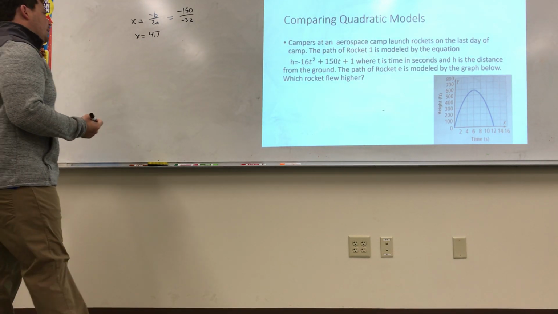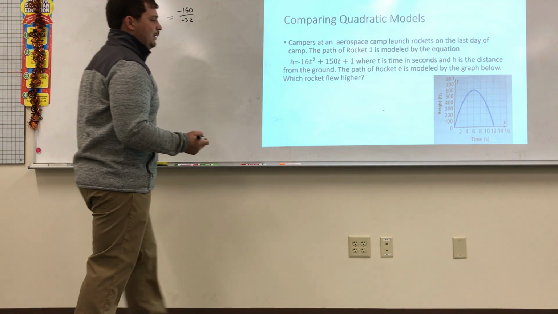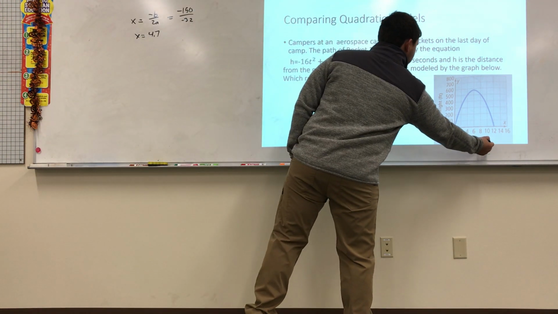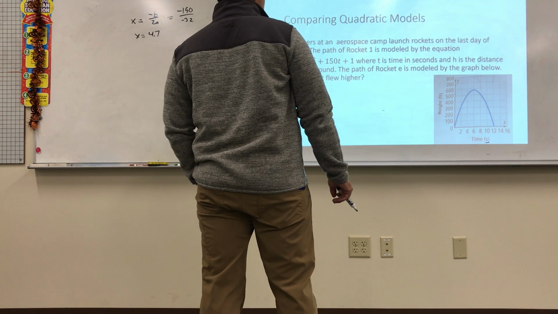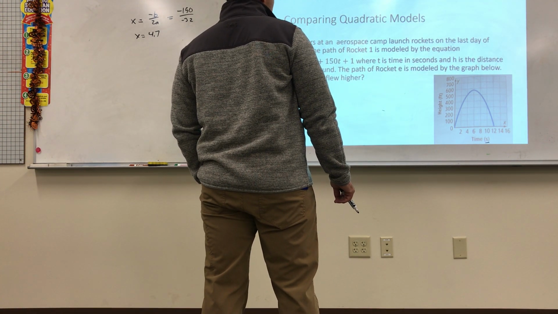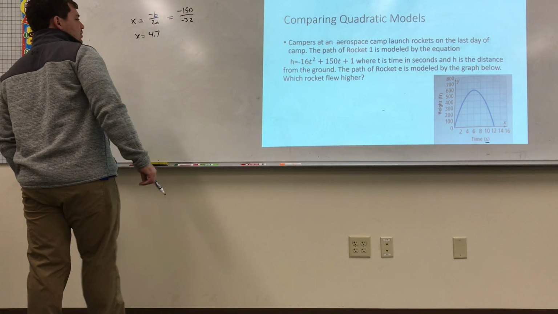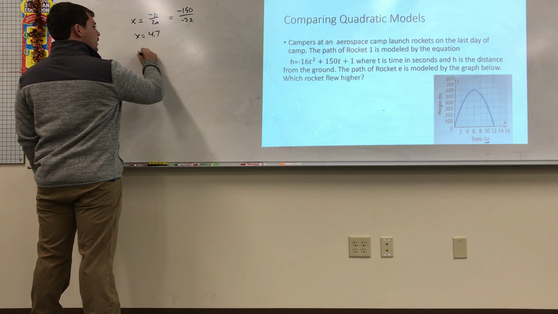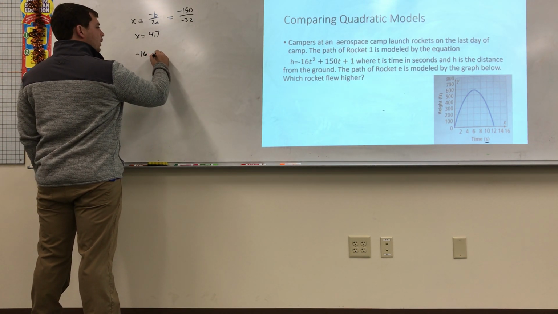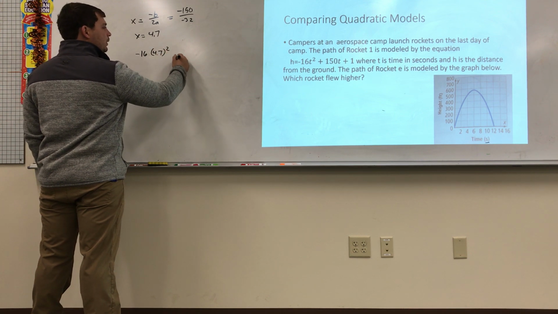Now we need to plug that in, because x is actually going to be t, because of time. We need to find the height, which is h. So we plug this in, and obviously you're going to need a calculator for this.